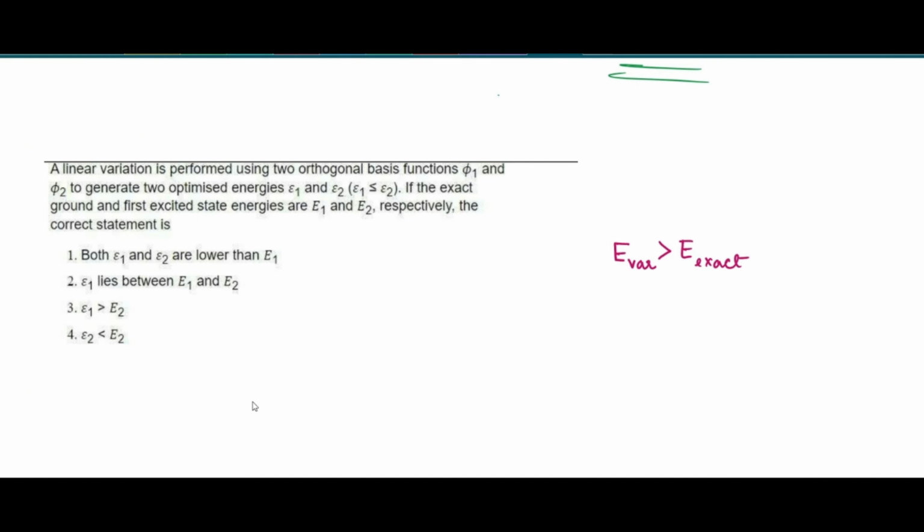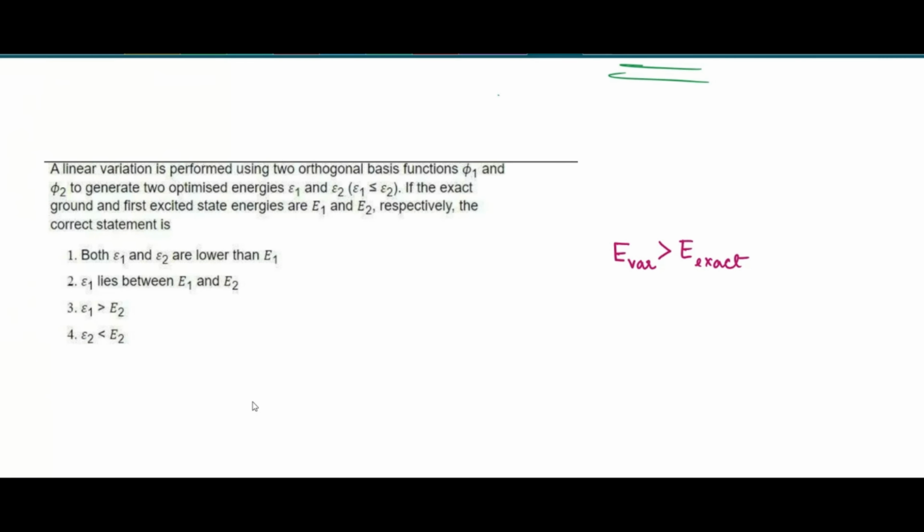It will be an upper bound. So if you try to optimize the energy using the variational principle, perturbation theory, or any approximation method, the energy you get will always be higher than the exact energy. This is the concept upon which this whole question is built.